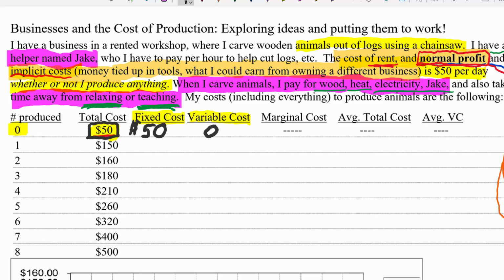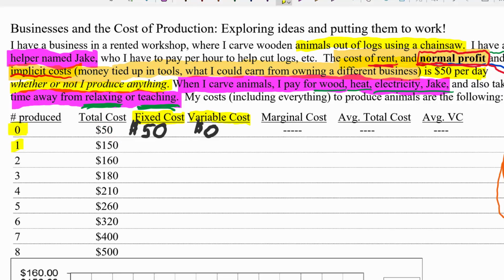None of them must be variable costs. Variable costs are things that increase as you produce more units. Well, if you're not producing any units, you can't have any variable costs, right? Variable costs are usually things like labor and materials. So here we were talking about wood, heat, electricity, labor, things like that. So when you're producing 0 units, you have no variable costs. They must all be fixed costs.